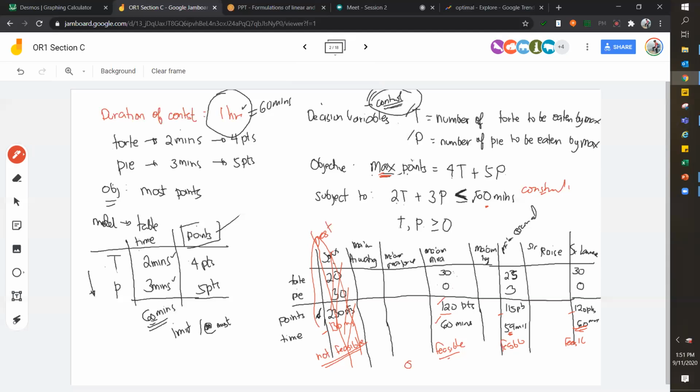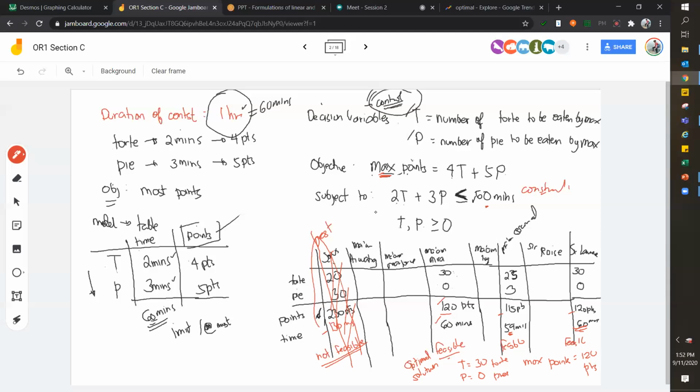And we can call this the optimal solution. Kung ilalagay natin, t is equal to 30 torte, and p is equal to 0 pies. Ang max points natin, 120 points.